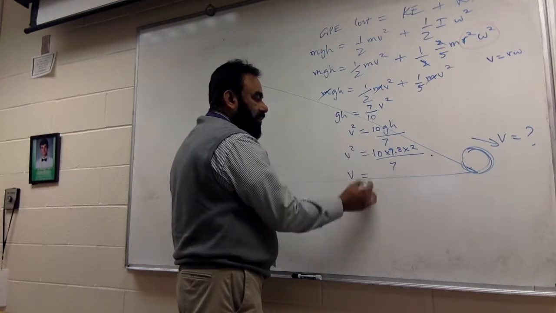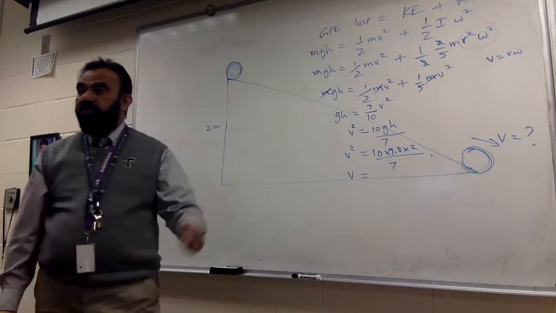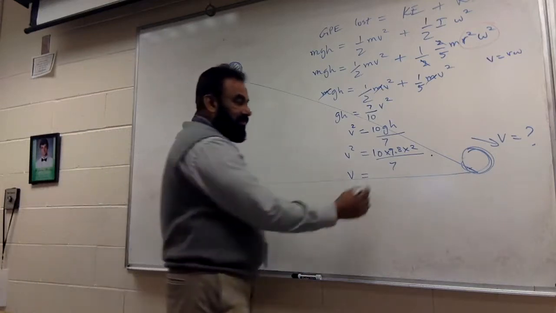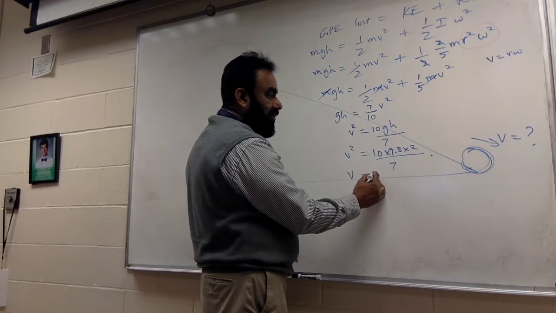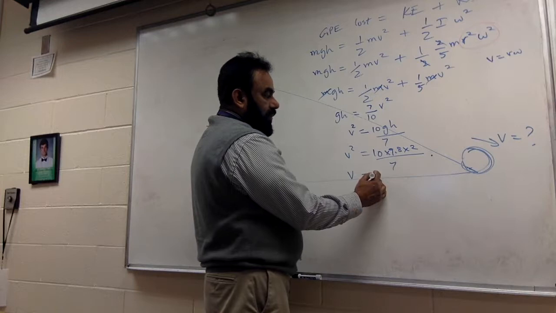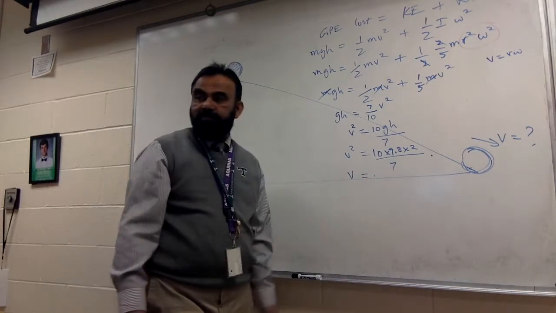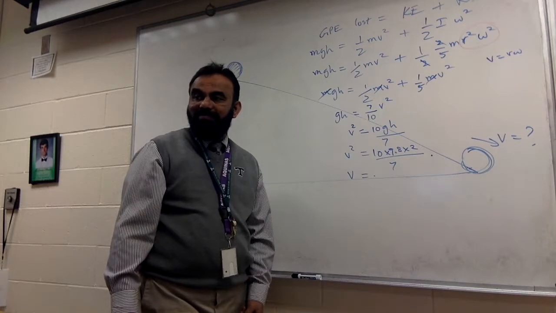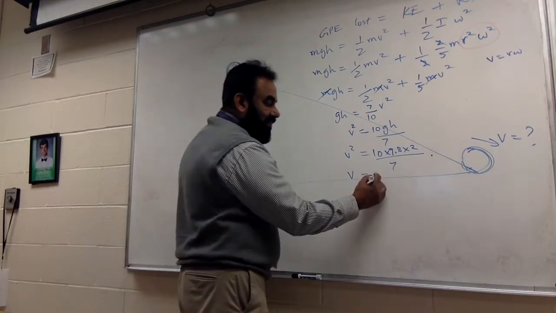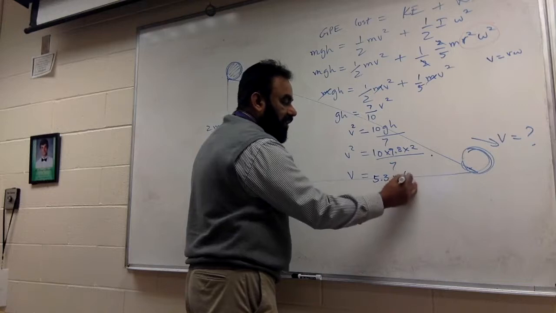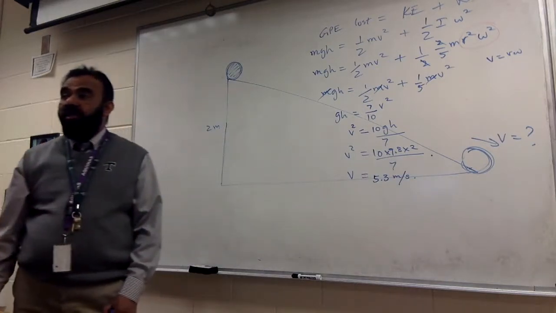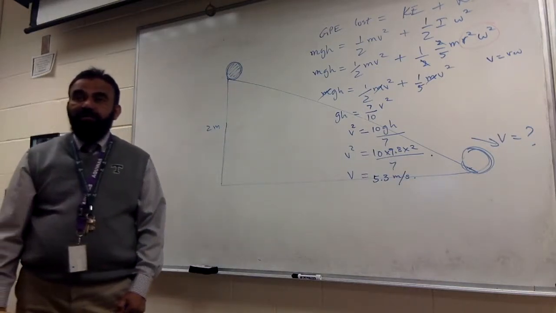What's the speed at the bottom of the incline? How much? Square root of it? 5.3 meters per second. So you see, when it is rolling, it's going to end up going slower.